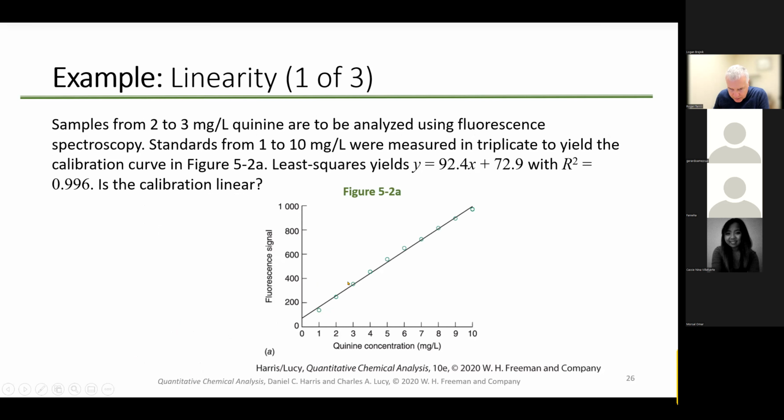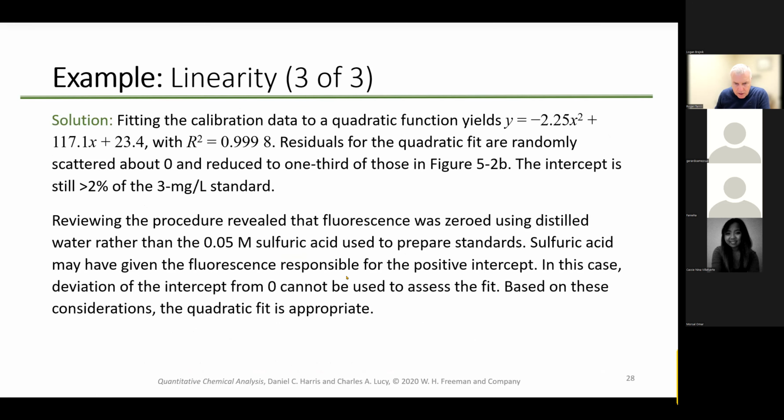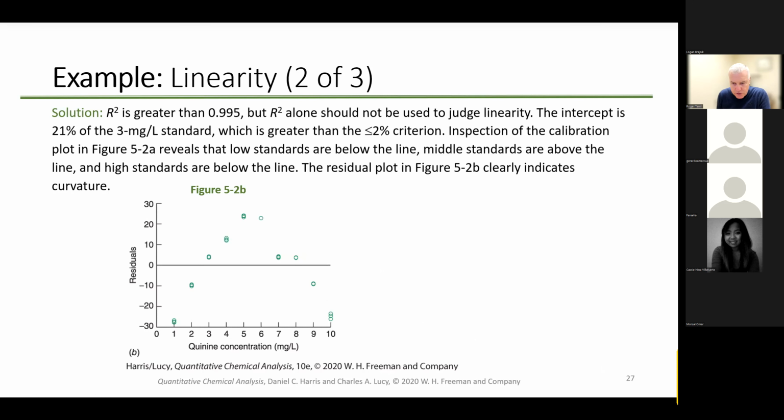And there's the 3 mg standard. And this is 20% of that 3 mg standard. And that's greater than the 2% criterion that we put out for accepting this calibration. And so the curvature in the line is revealed by the residual plot.